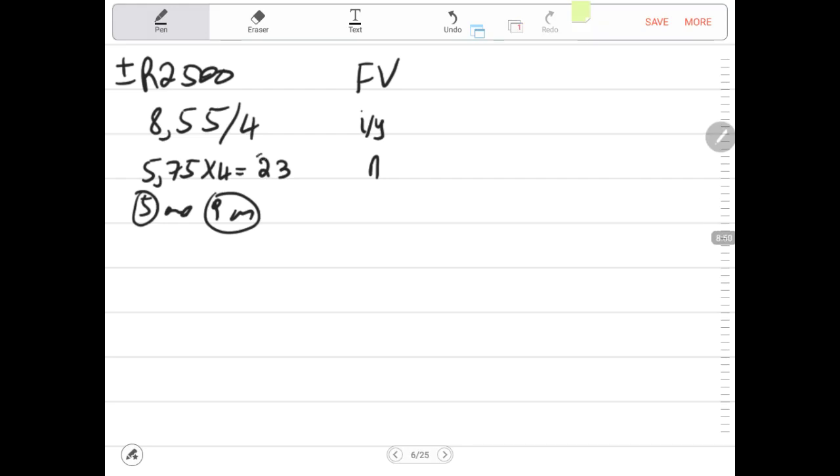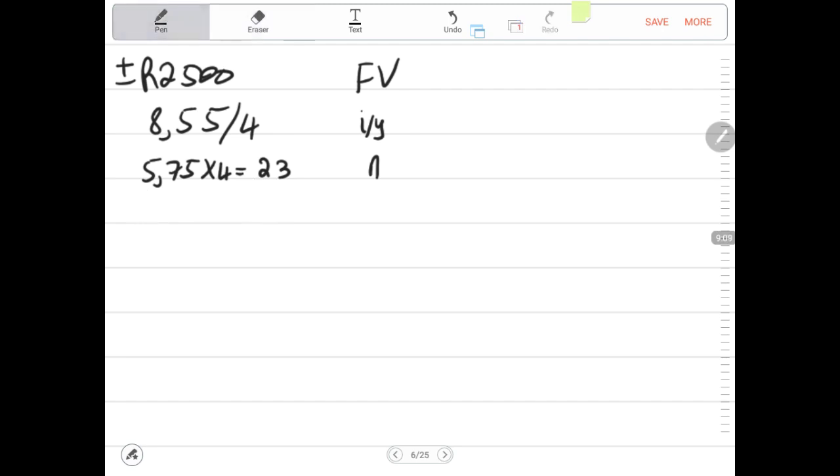The interest will be compounded 23 times. So that becomes our n, being the total number of compounds for the entire period of the investment, which is the investment that we are looking for.